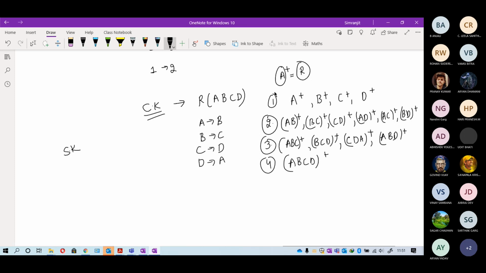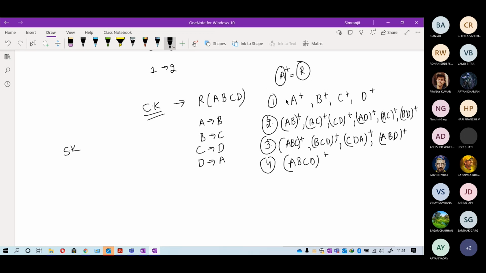This is the best way you can find in any book or any internet search. That is to take the closure of every possible combination, and if the closure is able to find out the whole table, then you can say that it is a candidate key. Very simple. There are a few things that I'll tell you that can significantly reduce your effort.